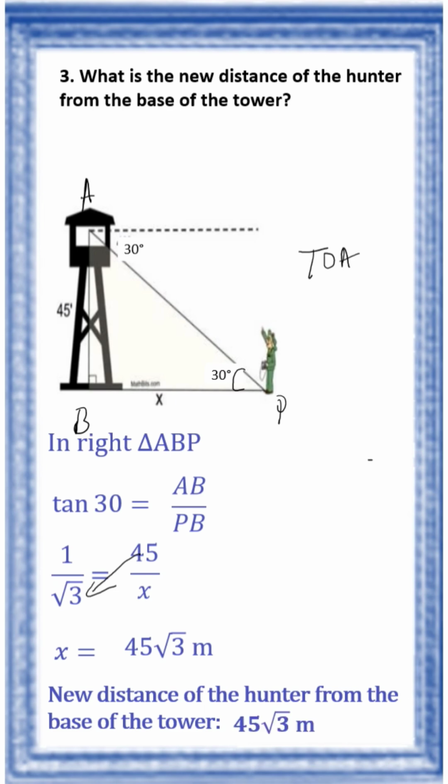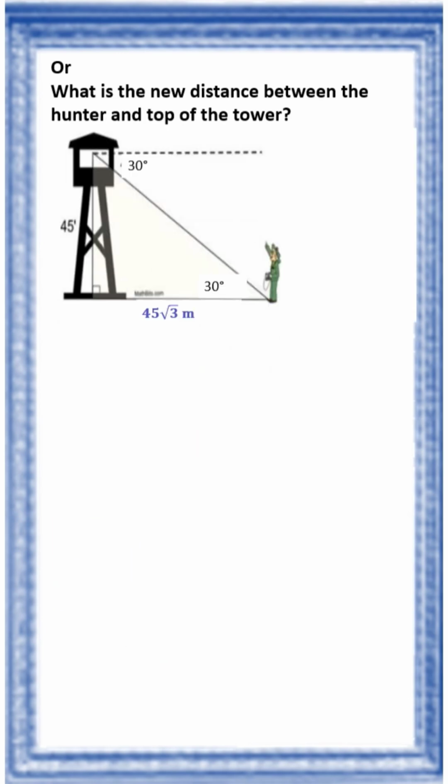There is an OR question for the third question. What is the new distance between the hunter and the top of the tower, from here to here? We have named this triangle as ABP. Now we have to find the distance AP. So in right angle triangle ABP, now we have what?